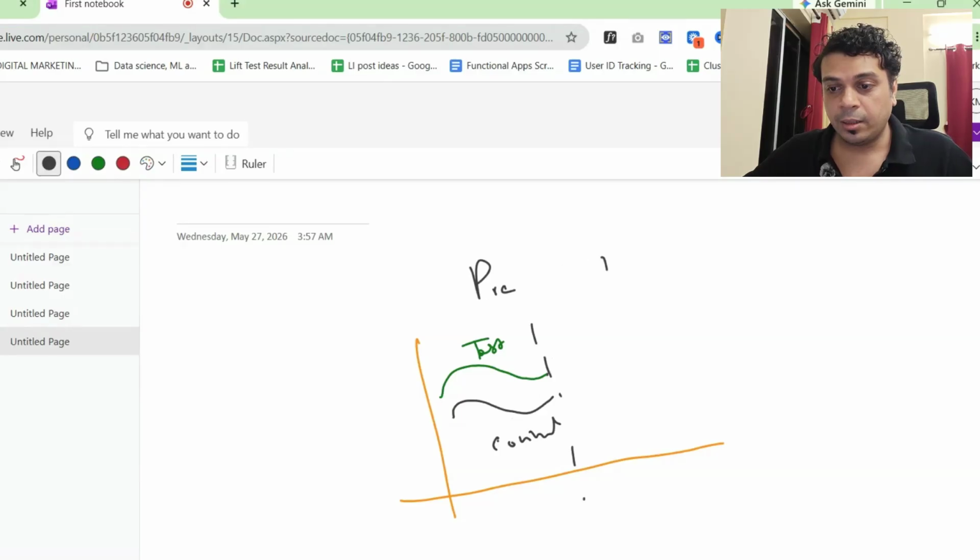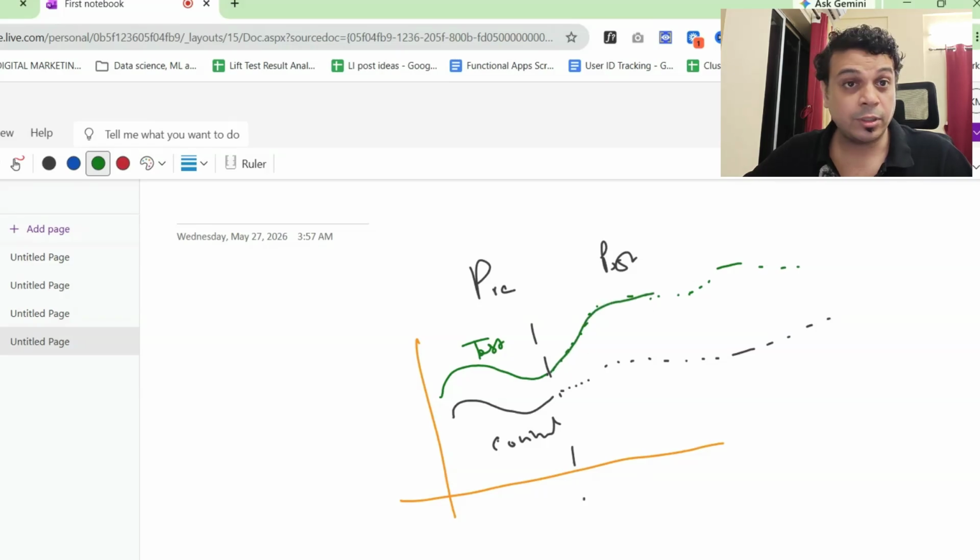and if in the post period, so this is your pre, this is your post, and if in the post period the control might continue on a trajectory like this, say, and the test continues, of course, on an increased trajectory, say a much more increased trajectory because of the YouTube campaigns.